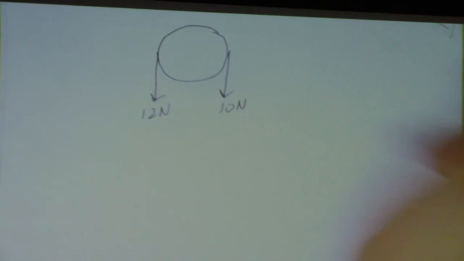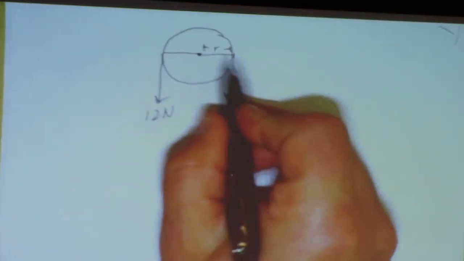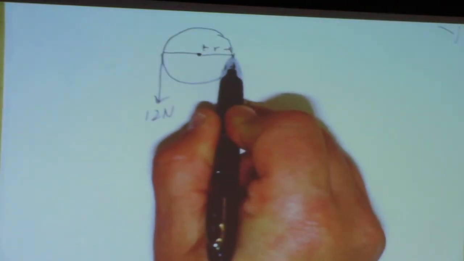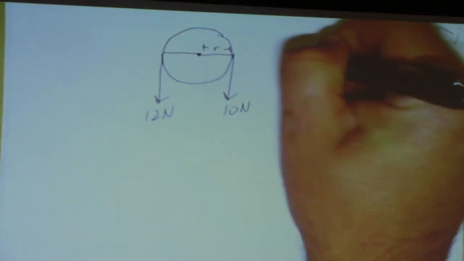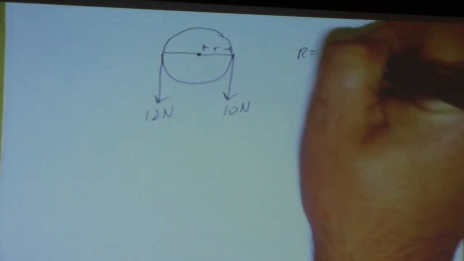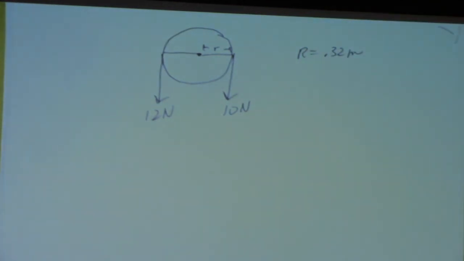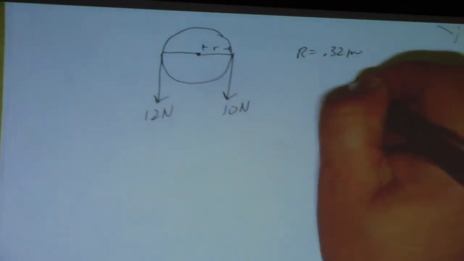It would make it rotate in different directions. And then this is the radius. It's the same on both sides because it's from the center to the outside here. And we know that this is 0.32 meters. Okay, and they're asking what is the angular acceleration?